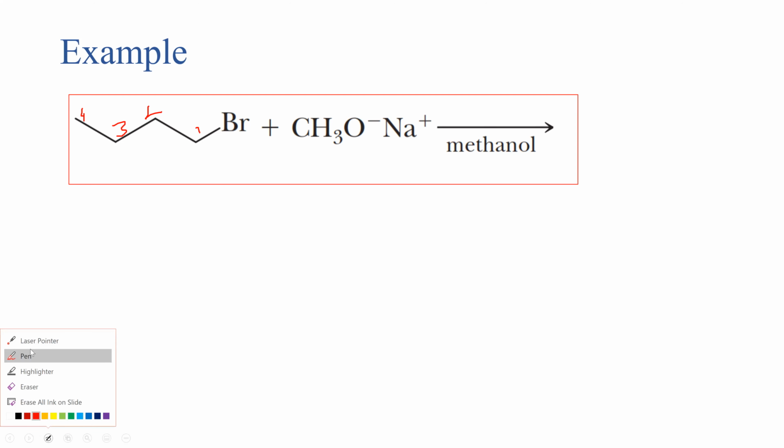And here we will see how that reacts with the methoxide, sodium methoxide, in the presence of the methanol. So what will be our possible product? Whenever a molecule is written in the form of a negative and a positive, it means overall the molecule is neutral.